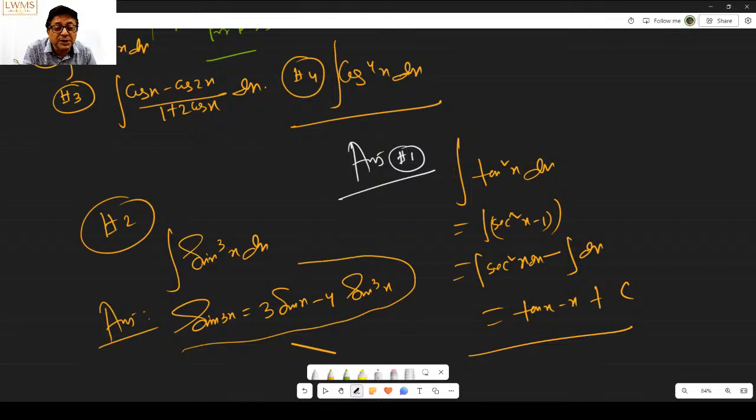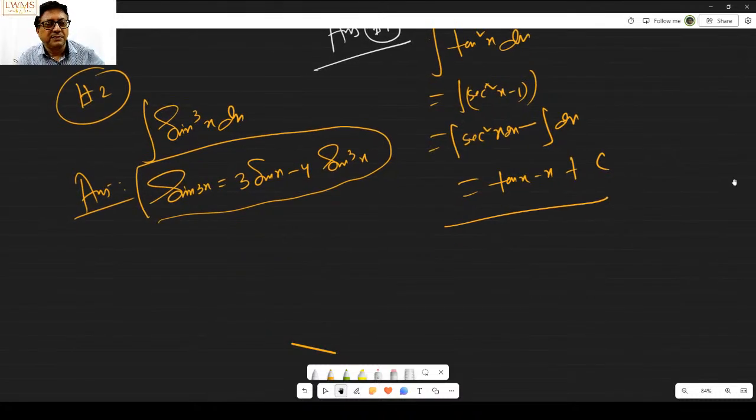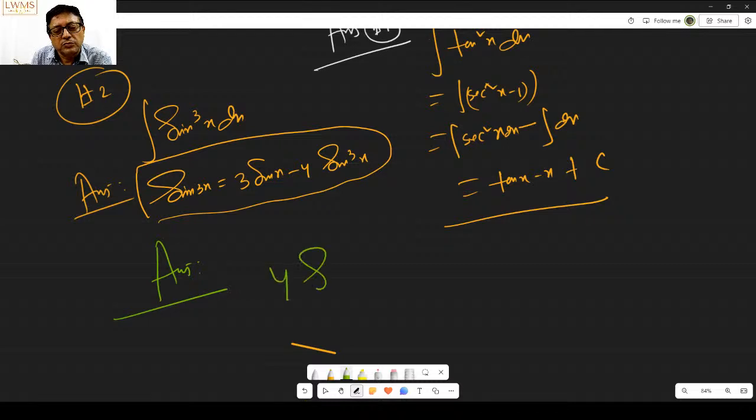Use this information to express sin cube x in terms of these two and then integrate. So easy. Just try. You get 1 minute time. Try for sin cube x. Use this one as an equation.